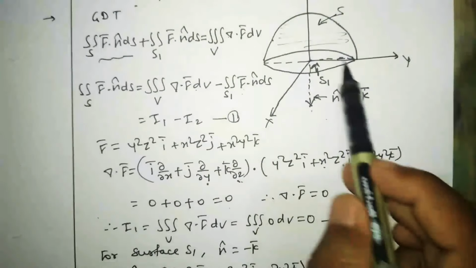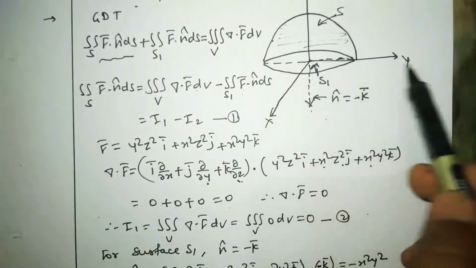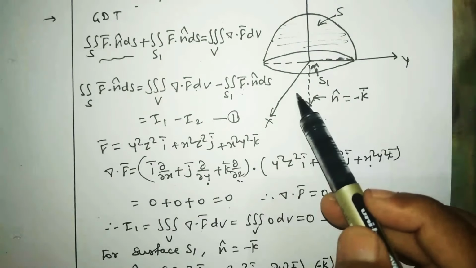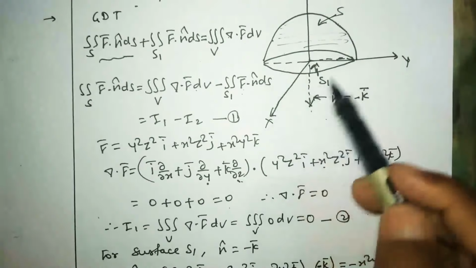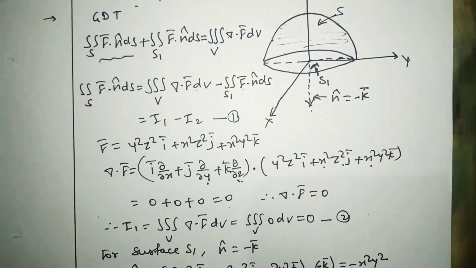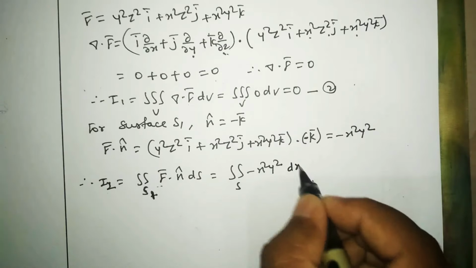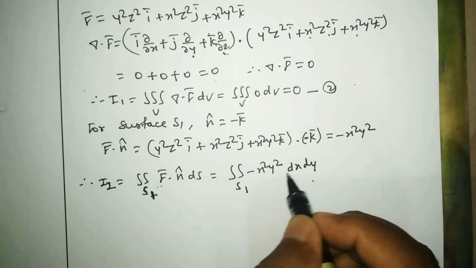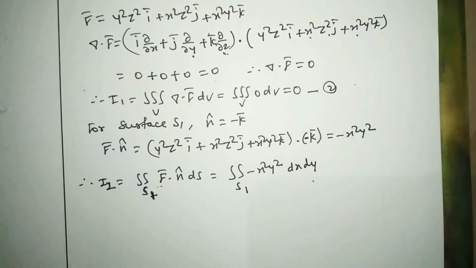See, this plane surface is on the XOY plane, and we know the concept that when the surface is on the XOY plane, we can take dS as dx into dy. So this is dx into dy. Now we have to evaluate double integration over the surface S1 of minus x square y square dx into dy.